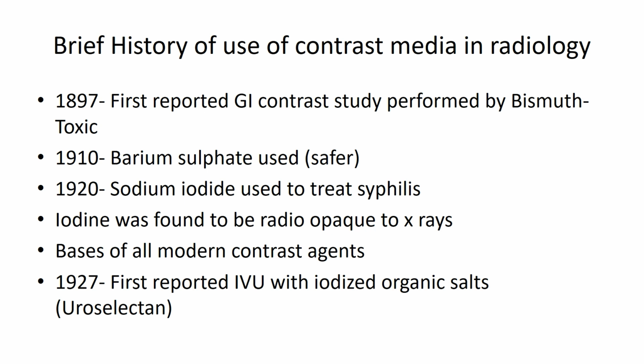Let us go into a brief history of contrast media in radiology. The first contrast reported for radiographing the gastrointestinal tract was a study conducted with bismuth, which proved to be toxic to the patient, in 1897. Subsequently, in 1910, barium sulfate was used and proved to be safe to the patient.